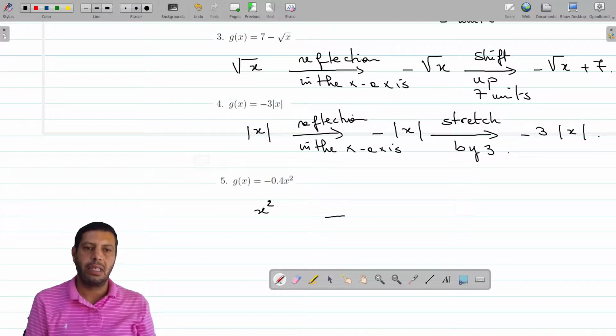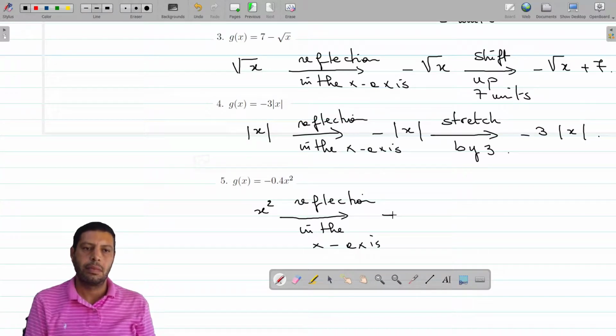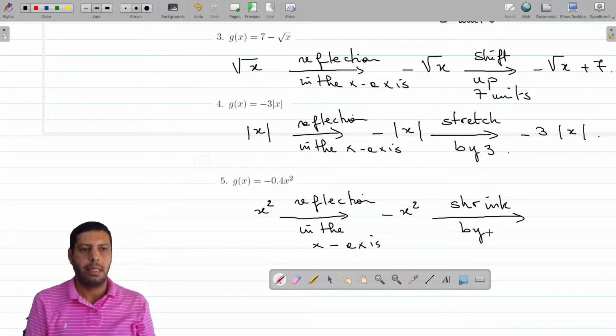So x squared reflected in the x-axis gives negative x squared. And then by making a shrink by 0.4, we'll obtain our negative 0.4 x squared.